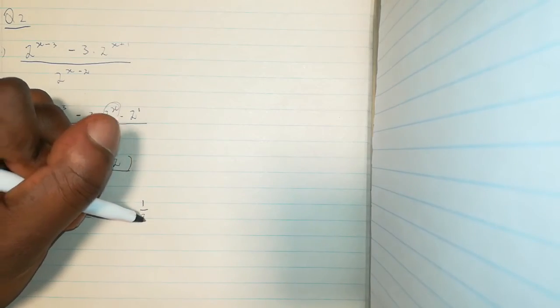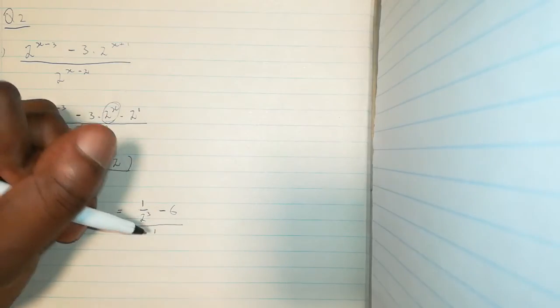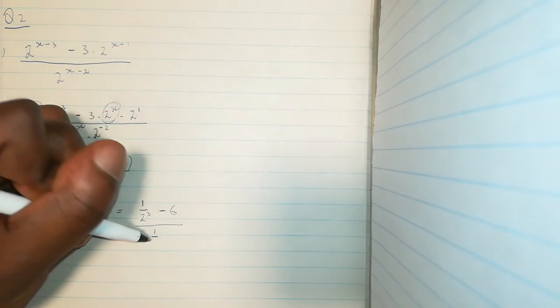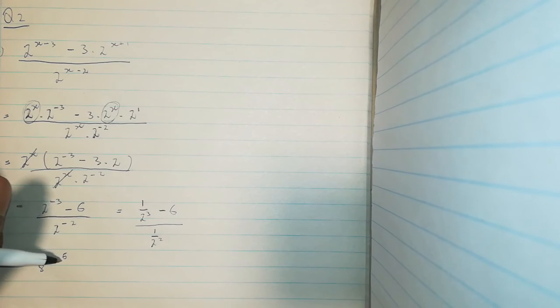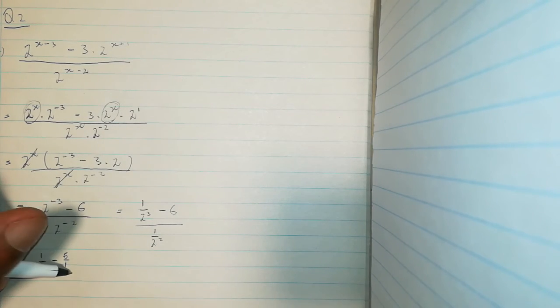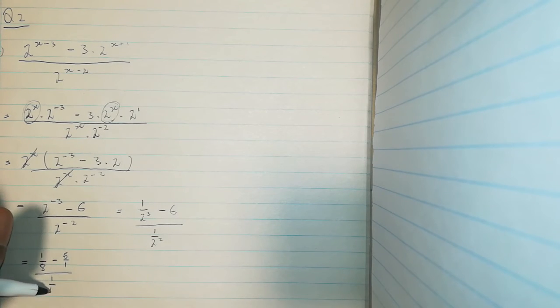We change this to become 1 over 2 cubed minus 6 divided by 1 over 2 squared, right? Remember, in this question, you're not allowed to use your calculator. So this is 1 over 8 minus 6 over 1. All this is divided by 1 over 4.